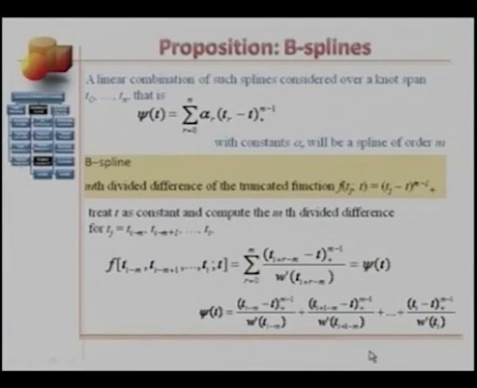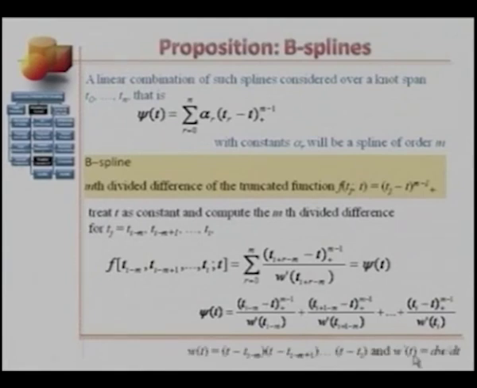You will have m plus 1 terms like these. I'm repeating myself here, but this would help both of us understand that since each term is a spline of order m, since each term has m minus 2 unique derivatives, the summation of all these terms will have m minus 2 unique derivatives, and by definition that would be a spline.